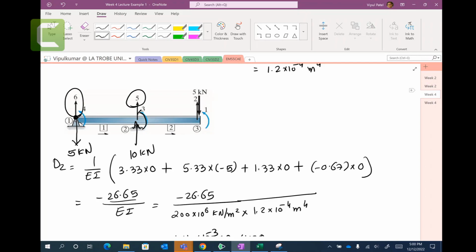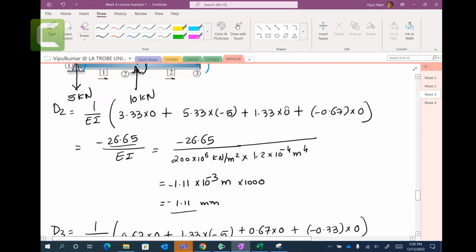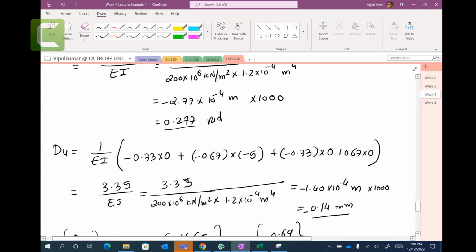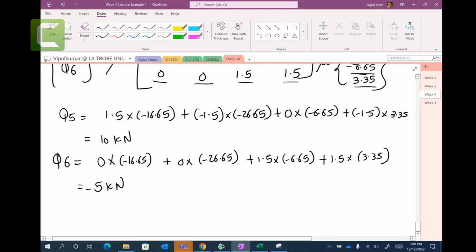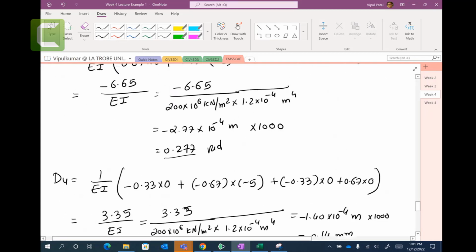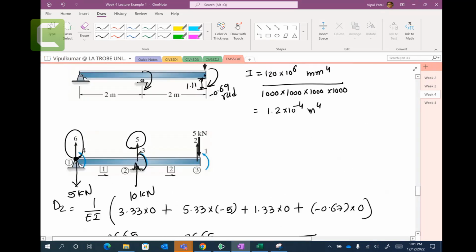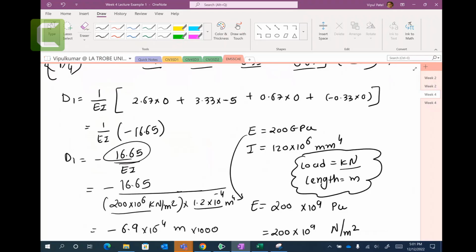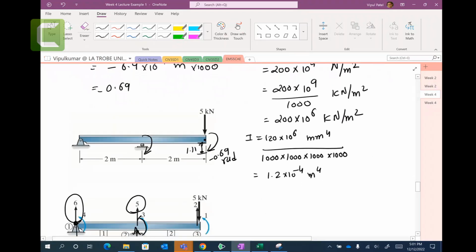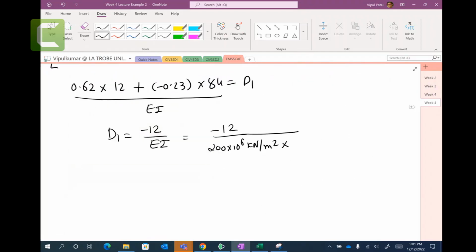So if you want, we can just use the same ones that we used here, like 200 times 10 to the power 6. Just for example, times the I value here, 1.2 times 10 to the minus 4 meter to the power 4.